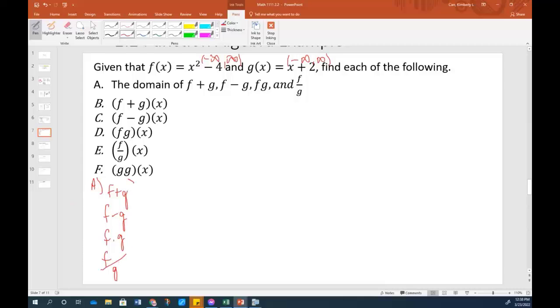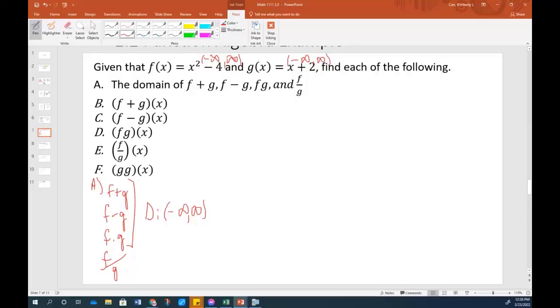Okay, well, these first three, since I am adding, subtracting, and multiplying, I don't have to do the extra limitation. I just have to make sure it works for both of them, and all the numbers work for both of them. So for all three of these, the domain is negative infinity to infinity, because if there is no fraction and no even root, then there is no problem.